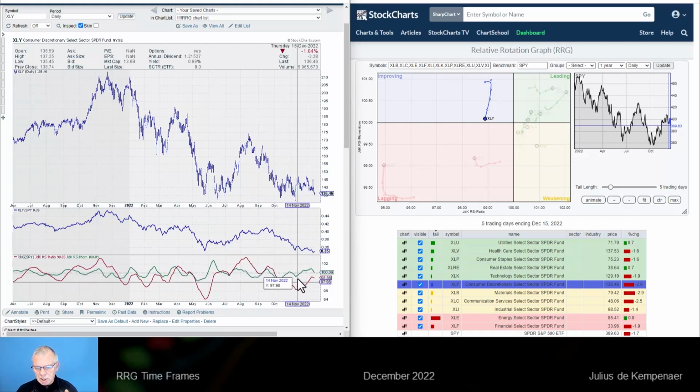You can see those jiggly moves, those up moves. That's what we saw in that rotation from weakening into lagging, back up into improving, back down to lagging, back up into improving, and now moving back down again. Those are those oscillations of that green RS momentum line around 100. That's exactly what you see on that RRG.